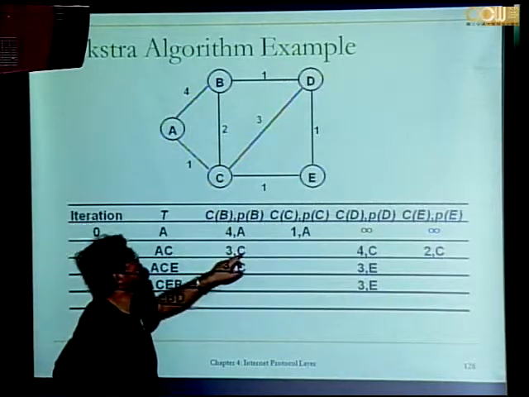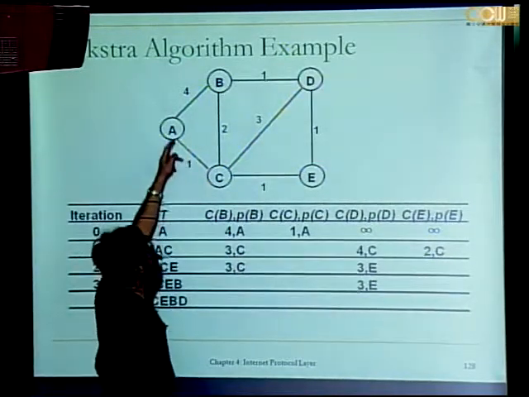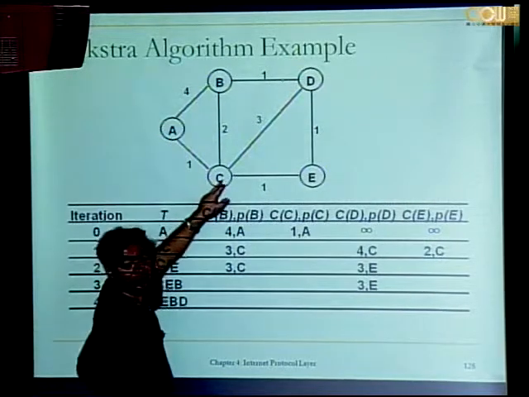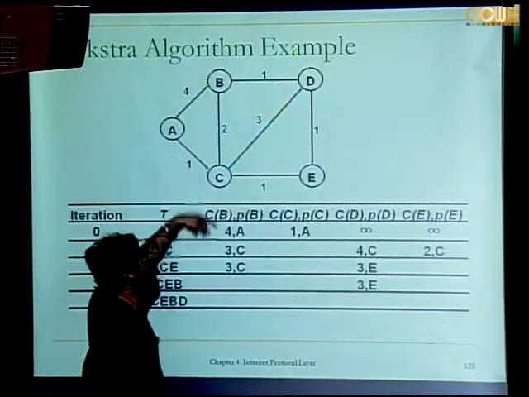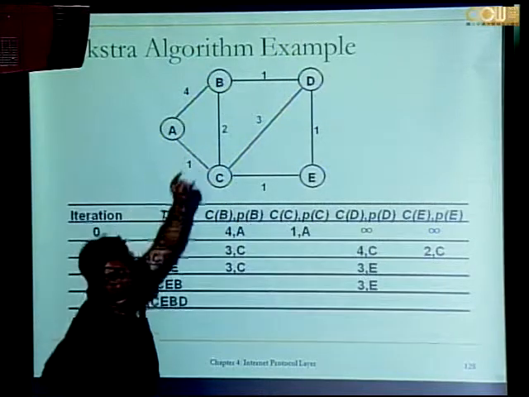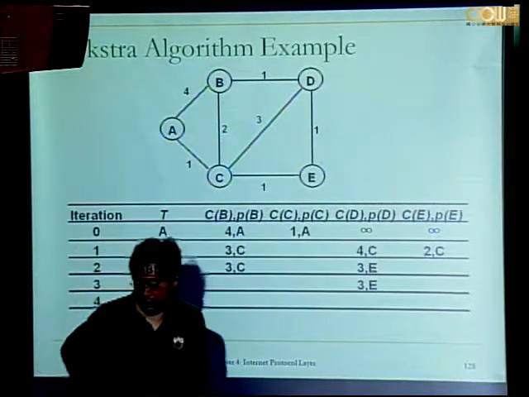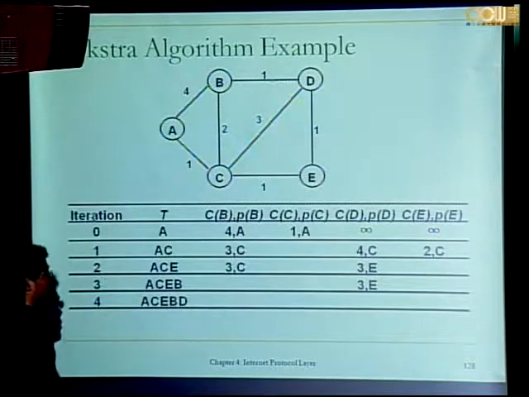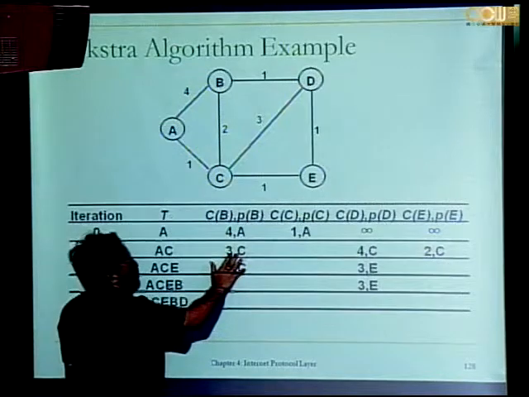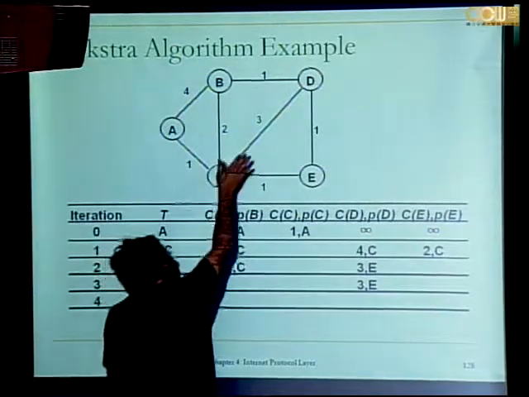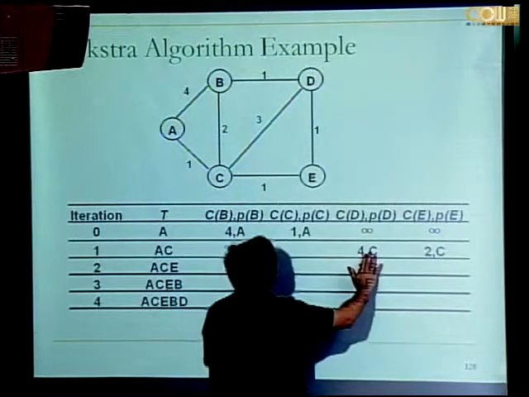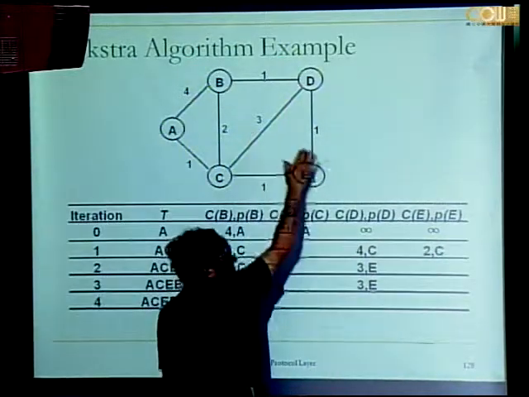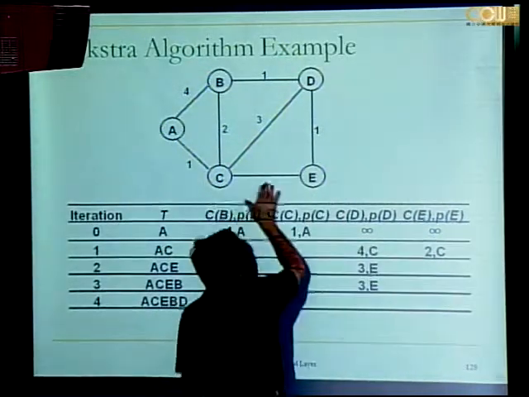That's through C, so A will reach B through C. The distance is only 3, which is smaller than if A reaches B directly, where the distance is 4. Then I try to label D and E. For D, 1 plus 3, that will be 4. For E, 1 plus 1, that will be 2.